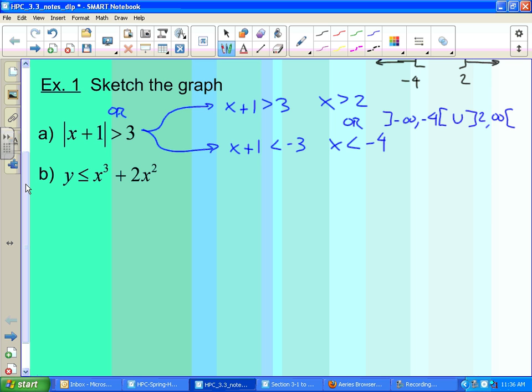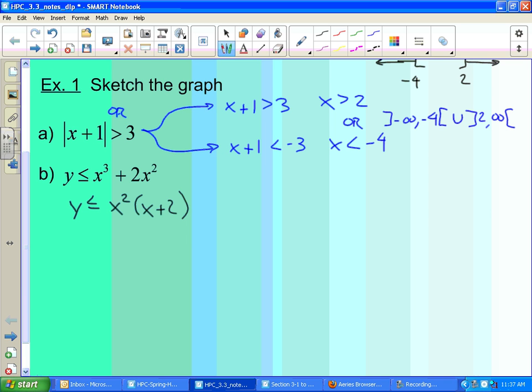So in this y less than or equal to x cubed plus 2x squared, I have a GCF of x squared. And remember, when you're finding your zeros, you could be treating this like an equation, right?